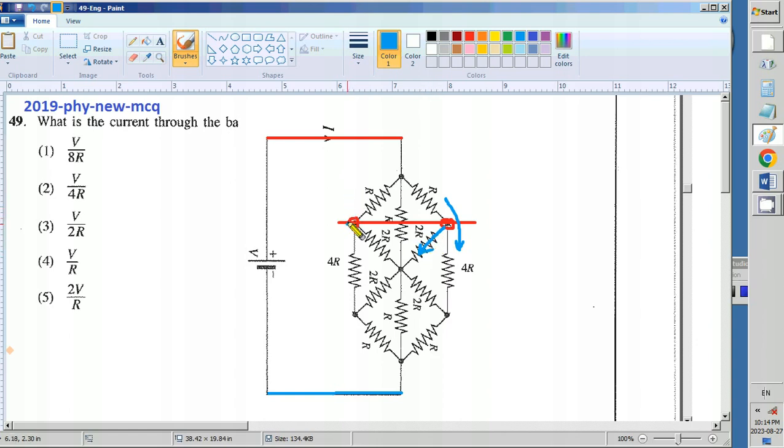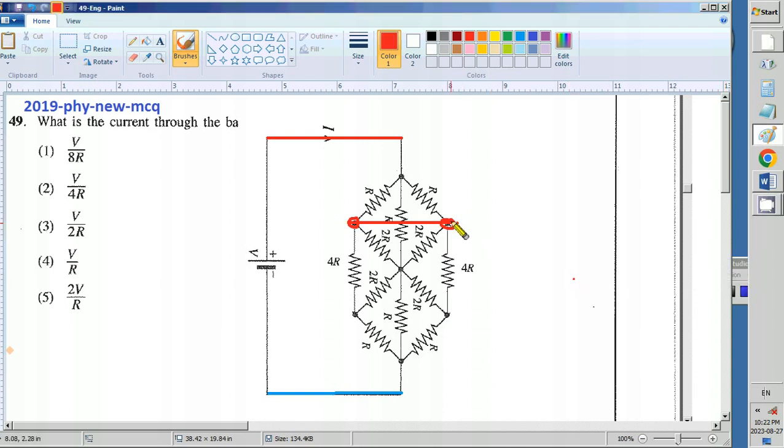This way also, when the current passes this junction towards 4R, some current leaks away towards this resistor, that is 2R. So the fates are the same. Therefore, we can decide these points are at the same potential. Therefore, they are equipotential points.